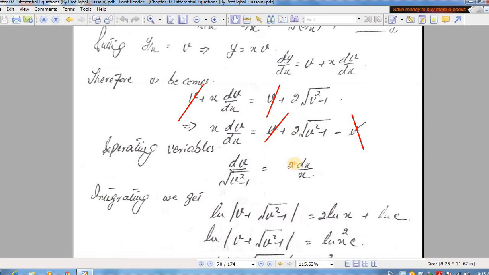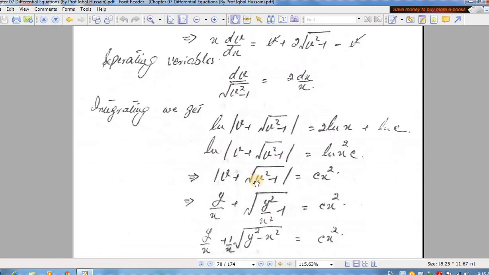Now taking the integral of both sides. The integral of this is equal to log of v plus the square root of v square minus 1. The integral of 2 dx divided by x is equal to 2 log x plus log c. Now this can be written as log x square. Log x square plus log c is equal to log x square c.